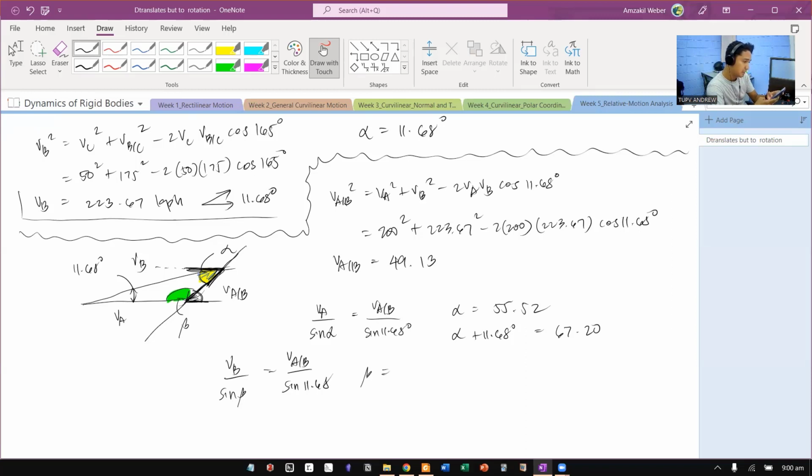The inverse sine of that is 67.2. It did not give us an obtuse angle, although from the figure we expect it should. It gives the supplementary value, so we take 67.20 degrees.